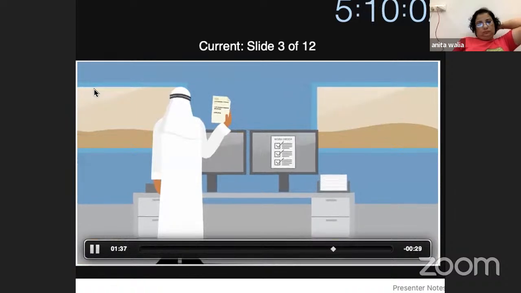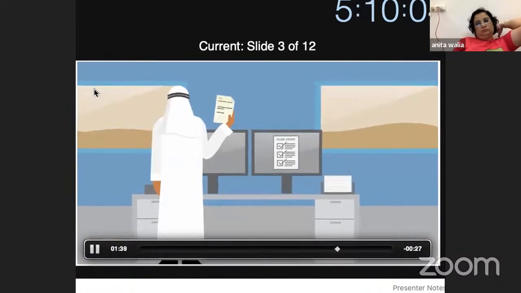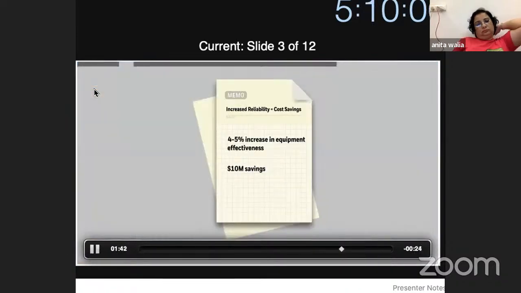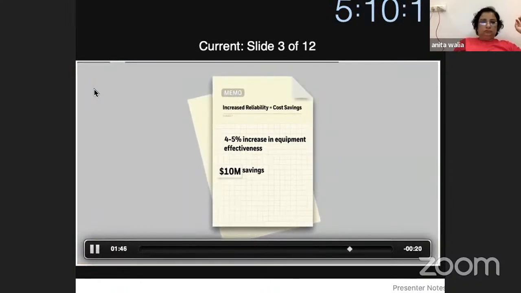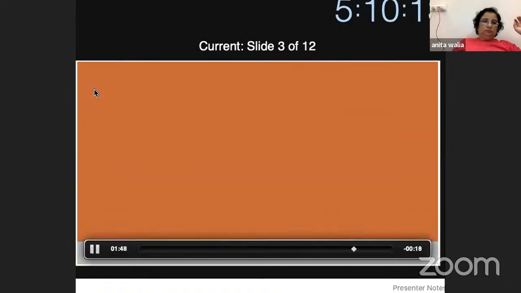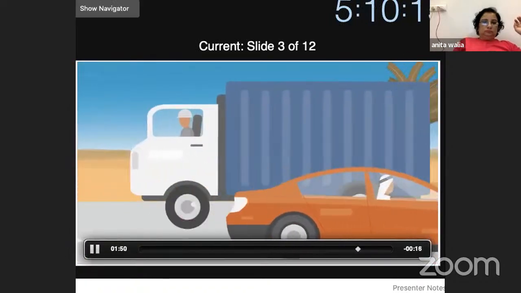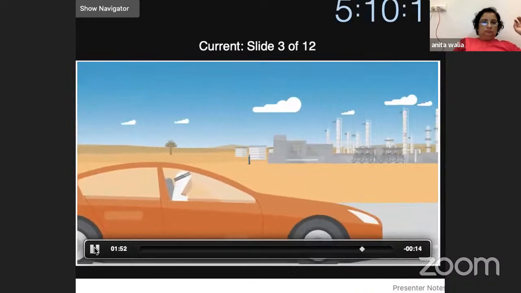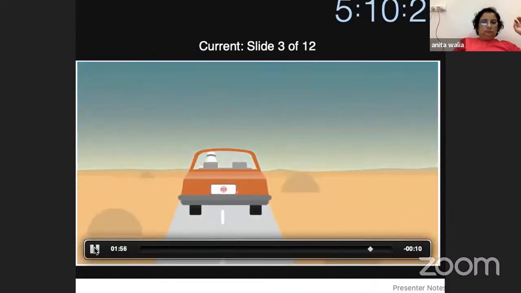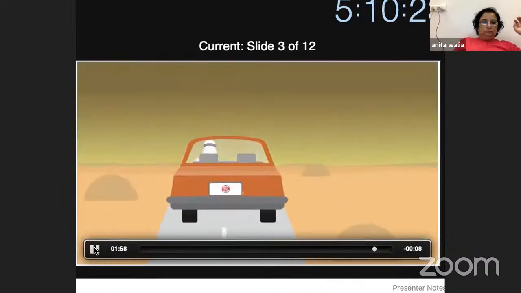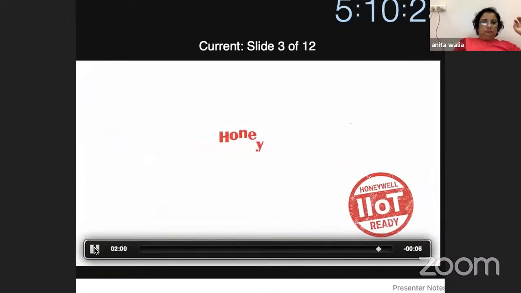Applying the new protocol to all compressors at the plant improves overall equipment effectiveness by 4 to 5%, which means $10 million added to the bottom line. Not bad for a day's work. Khalid also knows that a more reliable plant is a safer plant, and that's better for everybody. Better reliability with Honeywell Connected Plant.